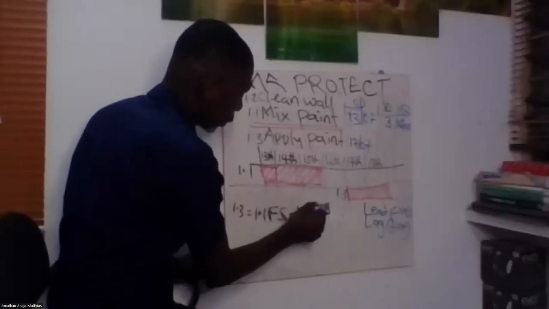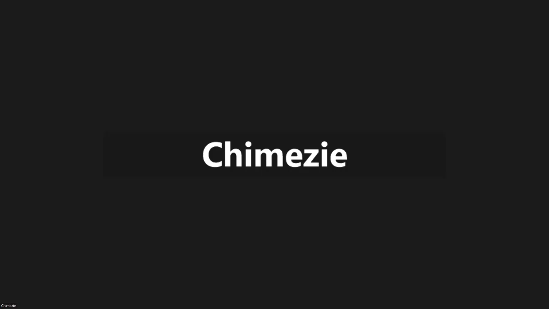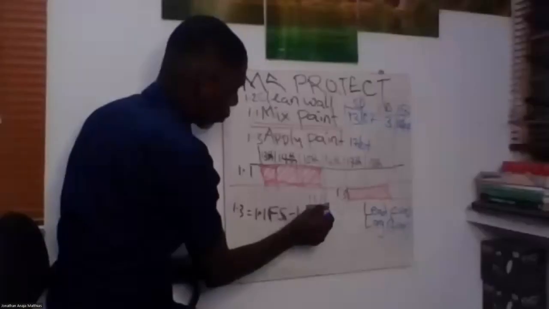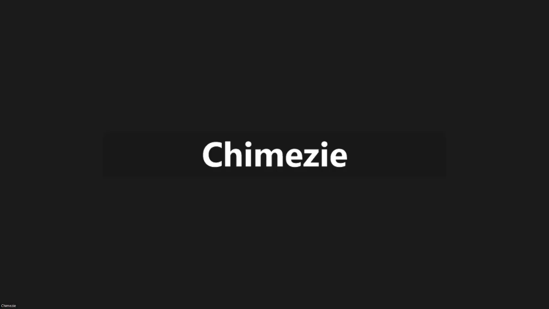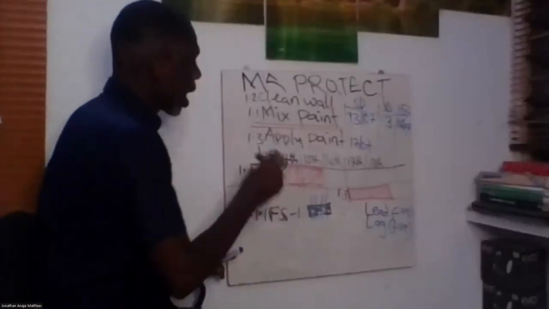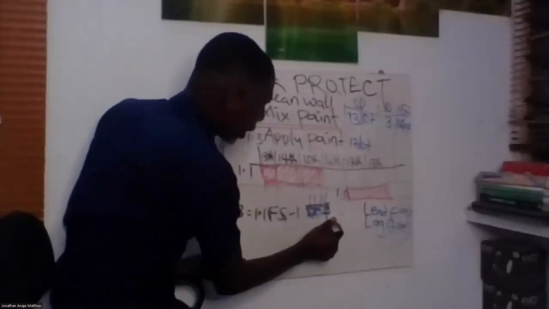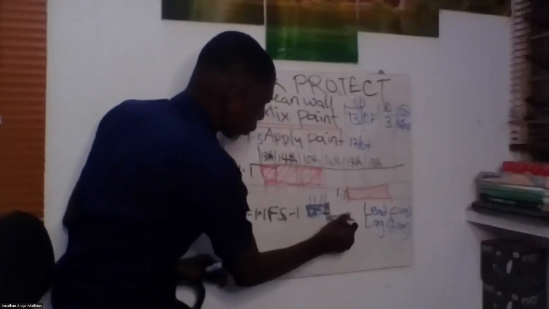Let's assume it's divided into 1, 2, 3, 4, 5, right? So see what the software will do. The software will now advance application of paint by 1 day. Can you see?